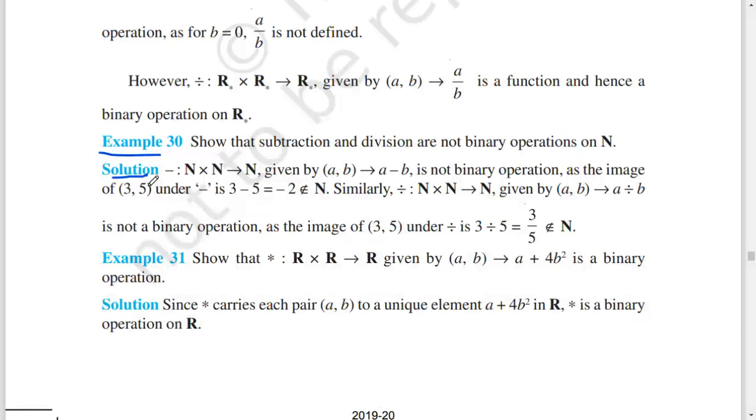Subtraction: N × N → N given by (a, b) → a − b is not a binary operation, as the image of (3, 5) under subtraction is 3 − 5 = −2, which does not belong to N. Similarly, divide: N × N → N given by (a, b) → a/b is not a binary operation, as the image of (3, 5) under divide is 3 ÷ 5 = 3/5, which does not belong to N.